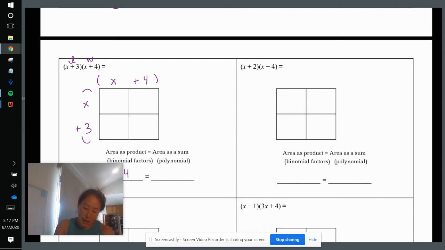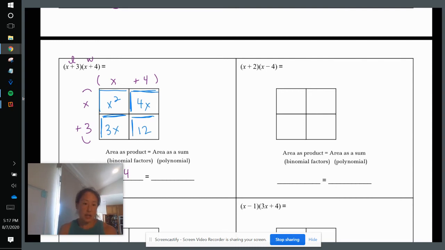Well, I need to multiply x times x, which gives me x squared. I need to multiply the height x times 4, giving me 4x. Then I'm going to multiply x, the width, times the height of 3, which is 3x, and the width of 4 times 3, which is 12.